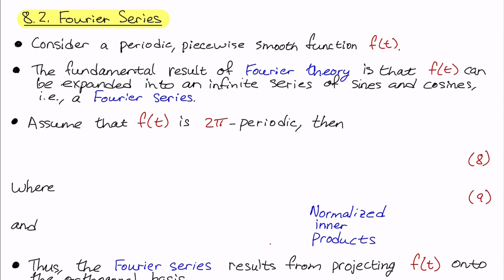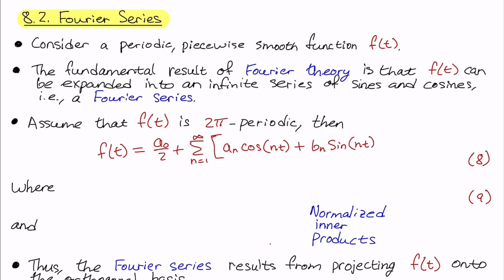Then we can expand f of t into an infinite series of a0 over 2 plus the summation from n equals 1 to infinity of an times the cosine of nt plus bn times the sine of nt.